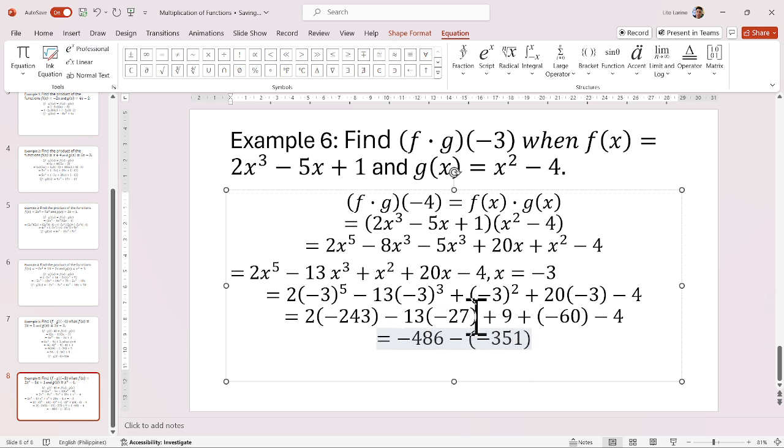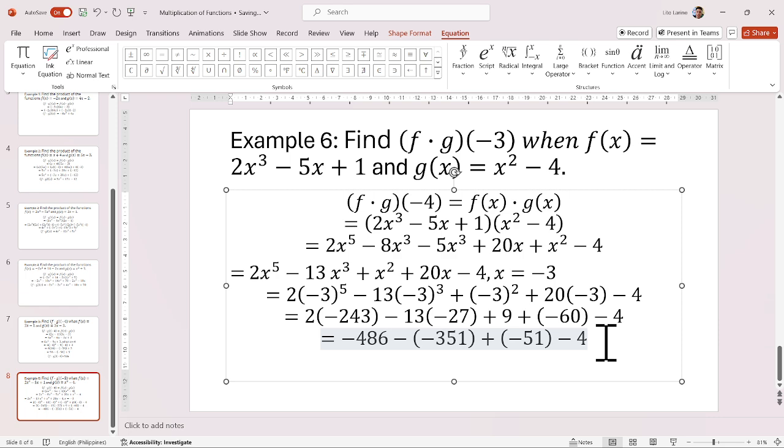So 13 times negative 27 is negative 351. Plus 9, minus 60, minus 4. So 9 plus negative 60 is negative 51, minus 4.